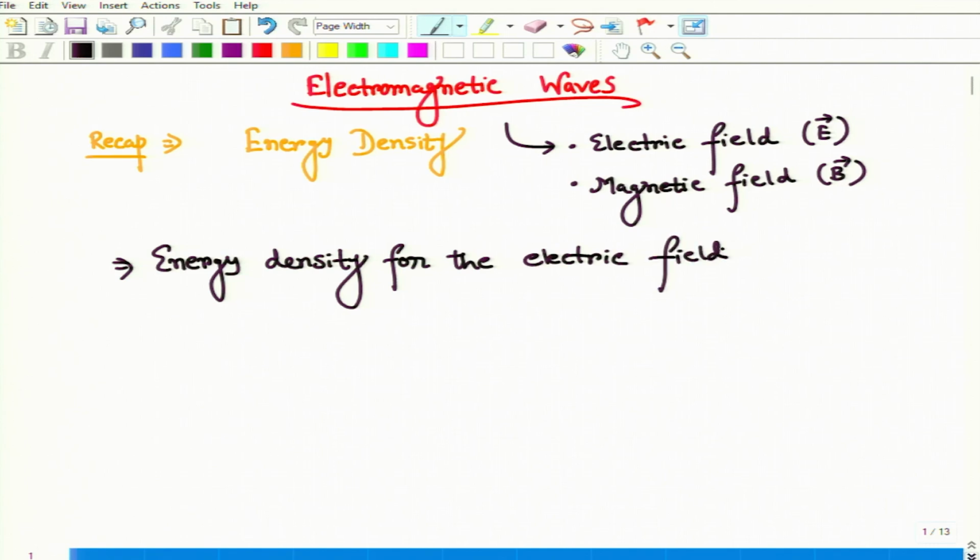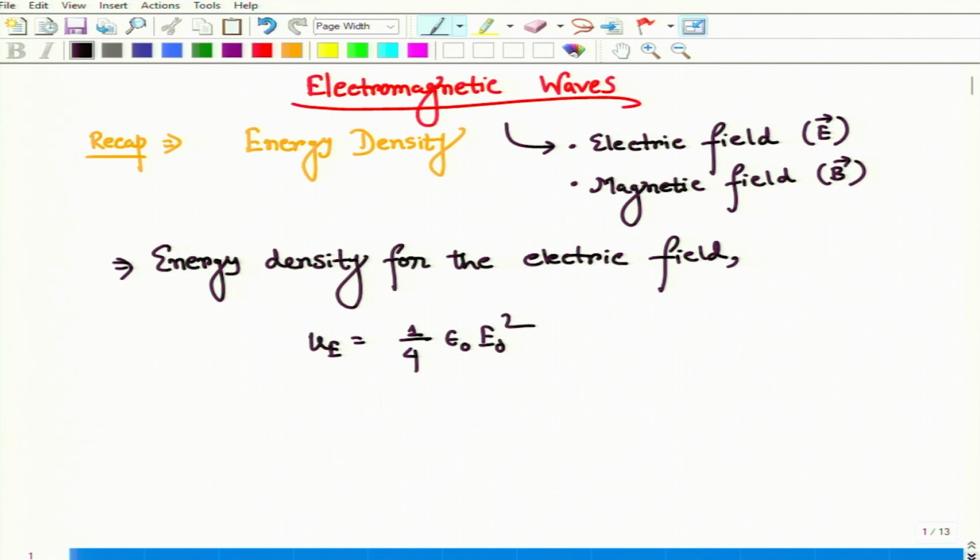What is the energy density for the electric field? That is denoted as UE, right? So it is actually, let me write it, U is 1 by 4 epsilon naught E naught square.